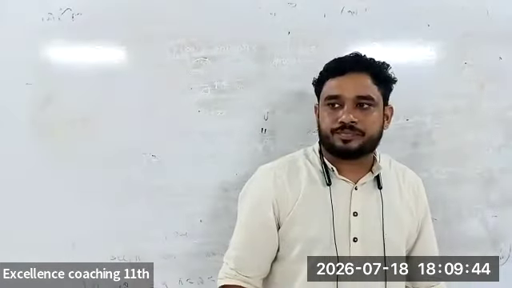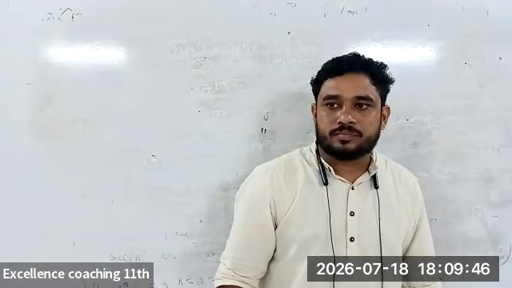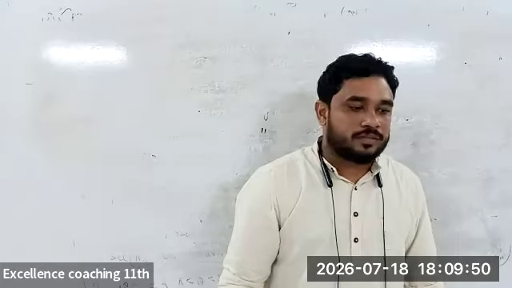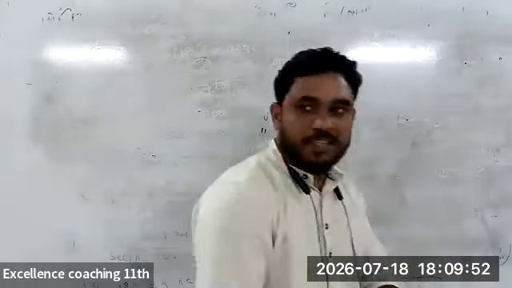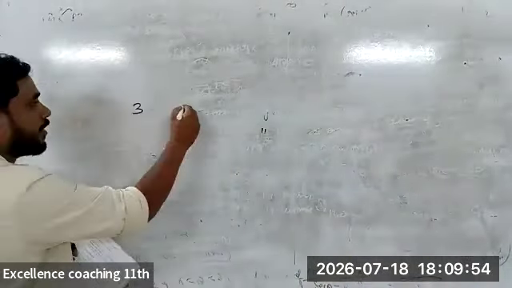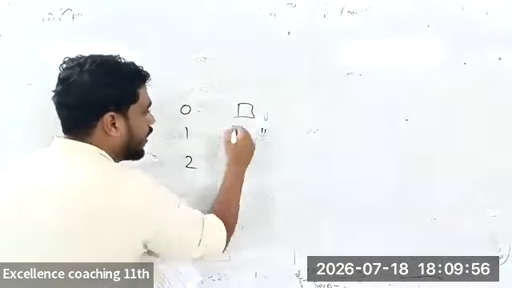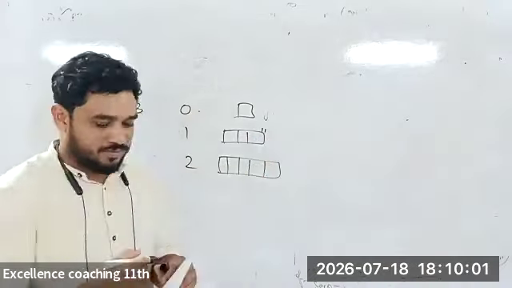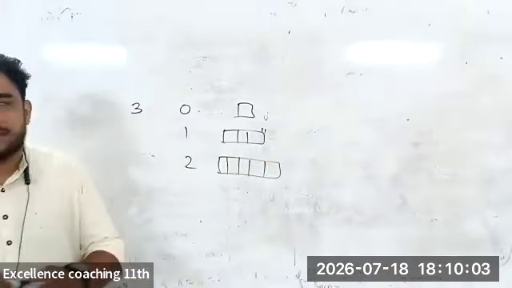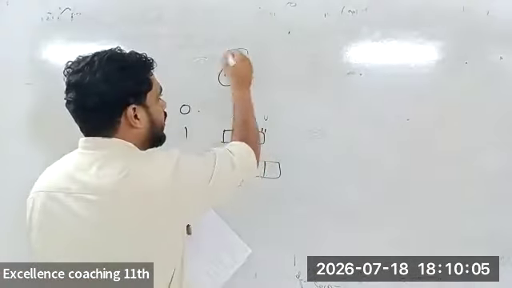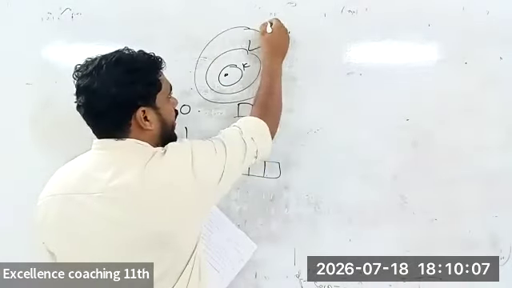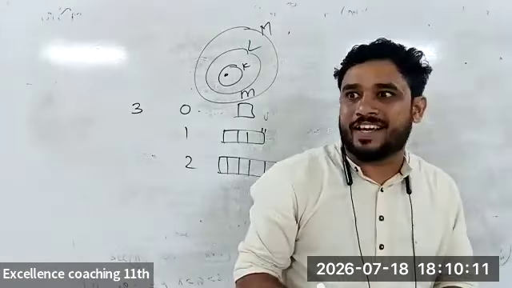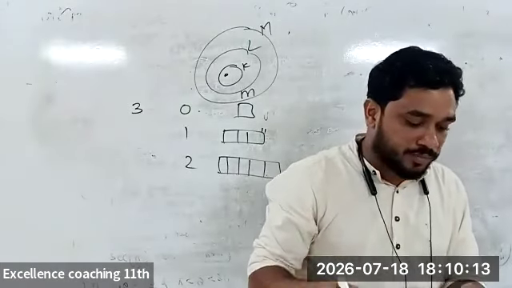Third shell: 18 electrons. See, nucleus, K, L, and what? M. They asked for the M shell.